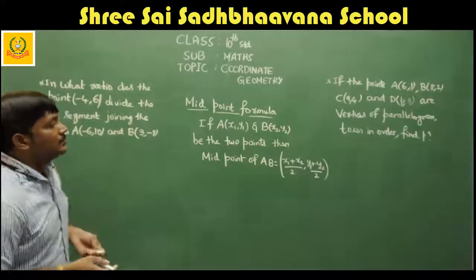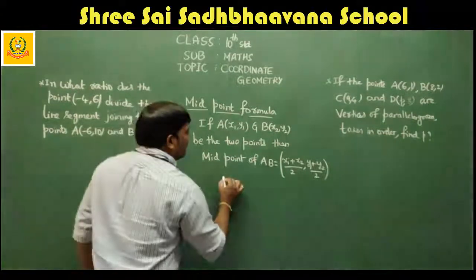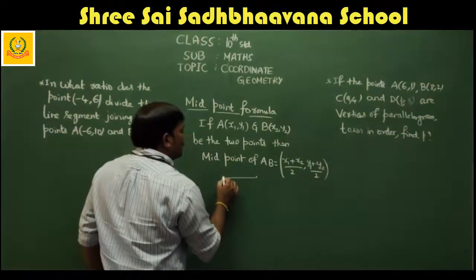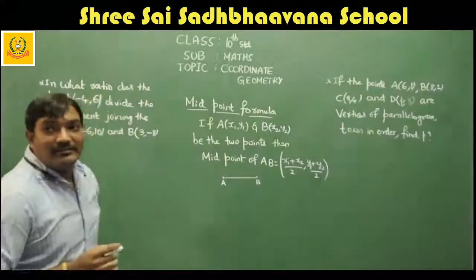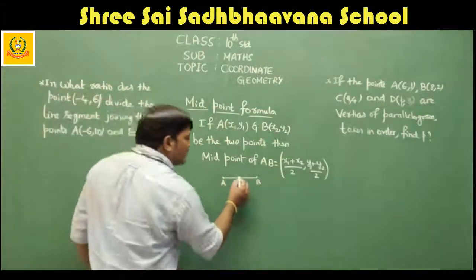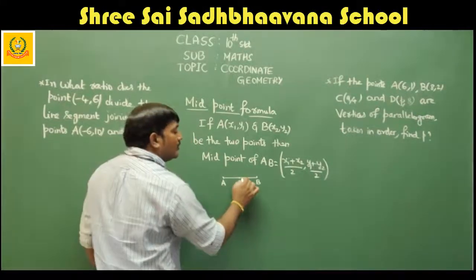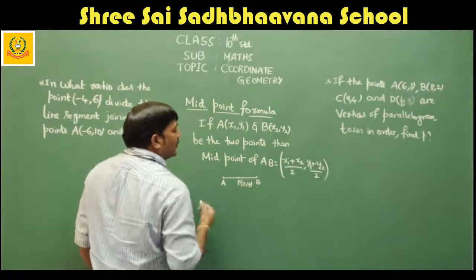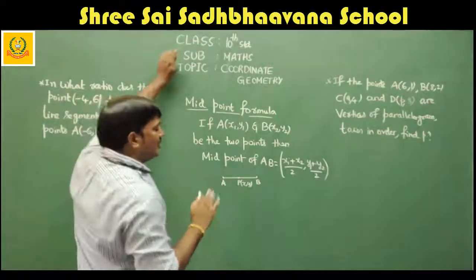You should understand what the midpoint is. It is very simple. We have a line segment AB. The midpoint is the point which lies exactly in the middle. You take this as a point P, same like we did with the section formula, but don't relate that, you'll get confused.